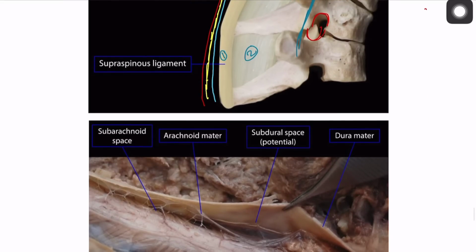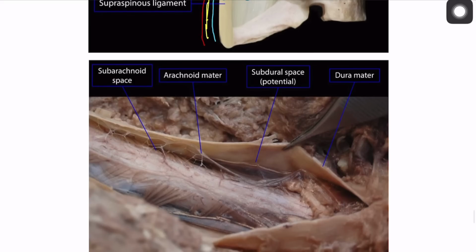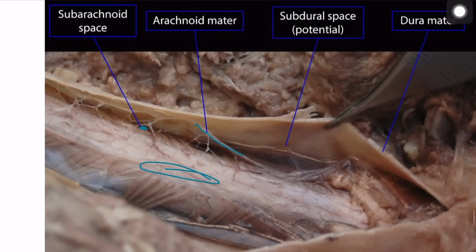Okay, so let's look at this lovely diagram. That demonstrates to you that this is the spinal cord, obviously. And just here, this is the subarachnoid space, and this one is the arachnoid mater, okay? And that thick structure is usually the dura mater, which obviously you can hold with a forceps.